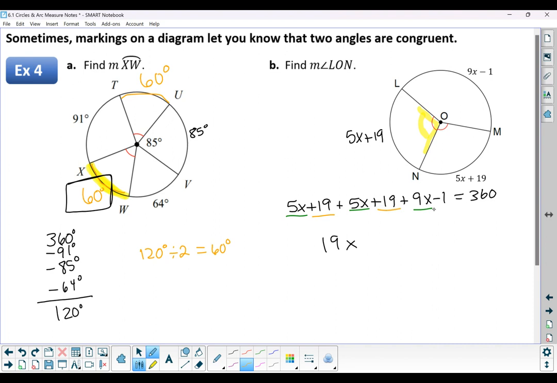And we have 19, 19, and negative 1, so that's a total of 37. We can finish solving for x by subtracting and dividing to figure out that x is equal to 17.